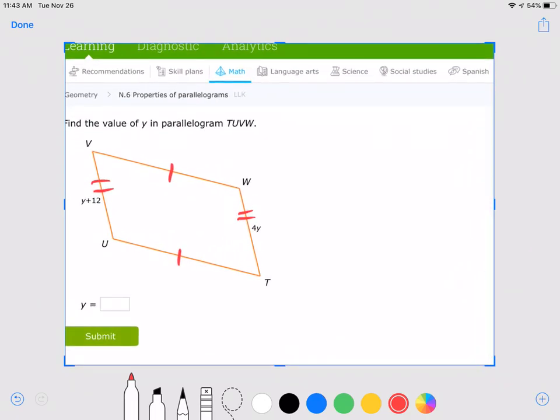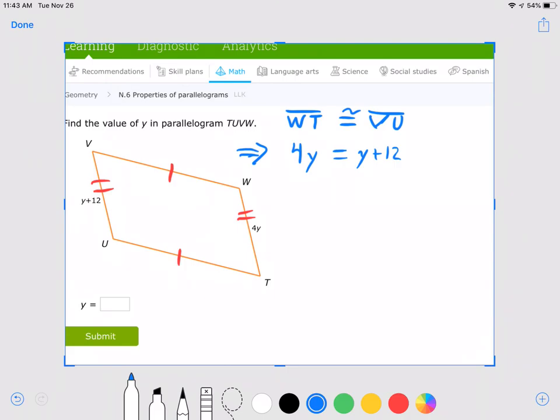So the relationship between those two sides is that they're congruent to each other. So we can say that WT is congruent to VU, which implies that 4y has to be equal to y plus 12.